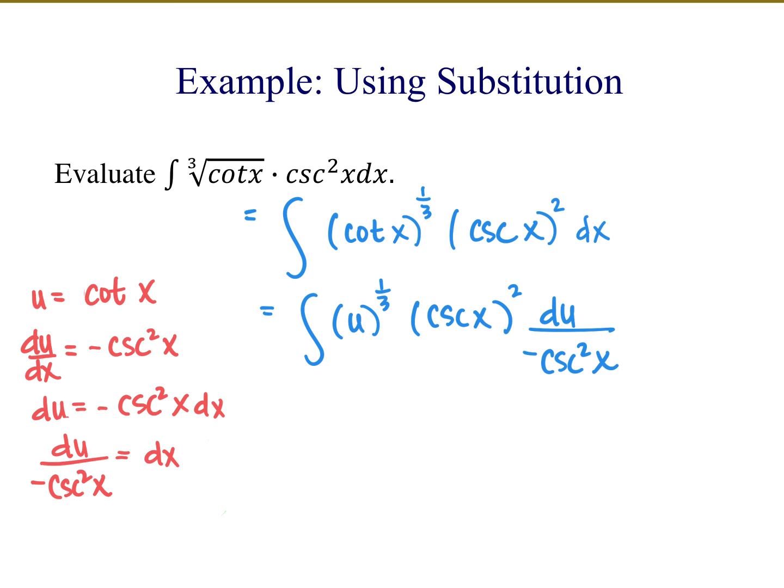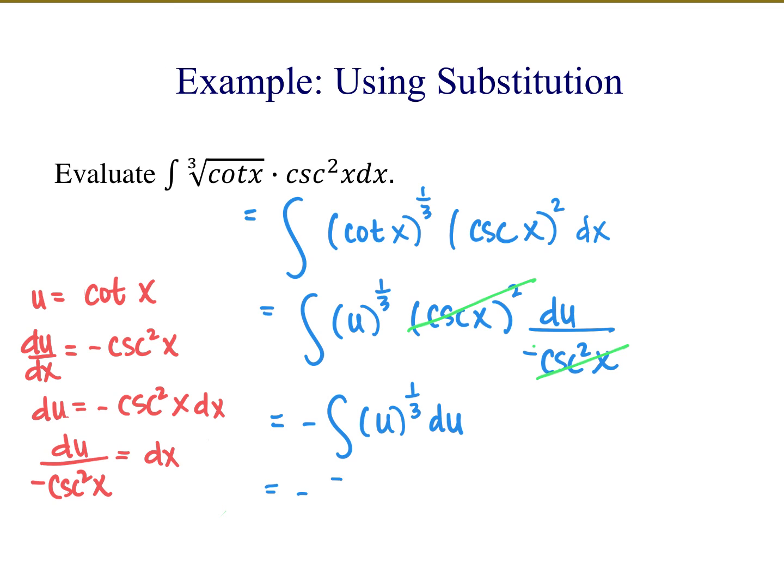Not the u, there's something else. The negative doesn't reduce. We can reduce the cosecant squareds, but the negative doesn't. So we'll pull the negative out to the front, and we're left with u to the 1/3 du.